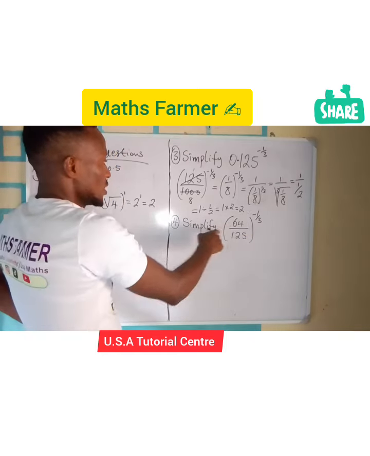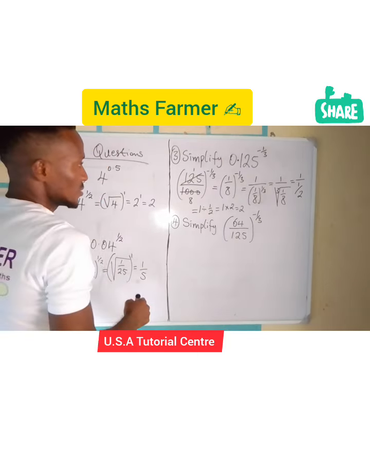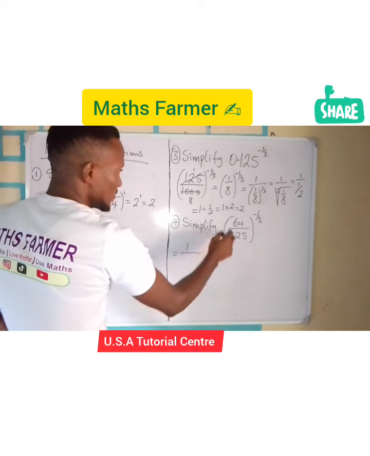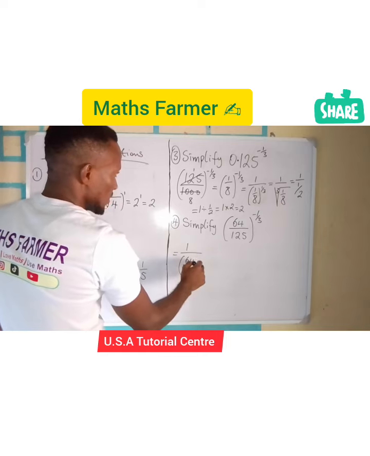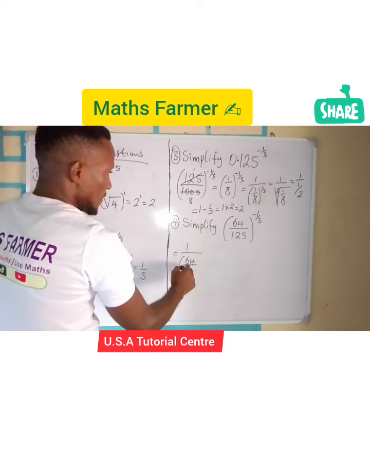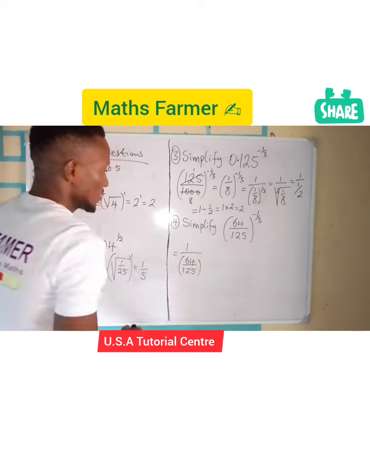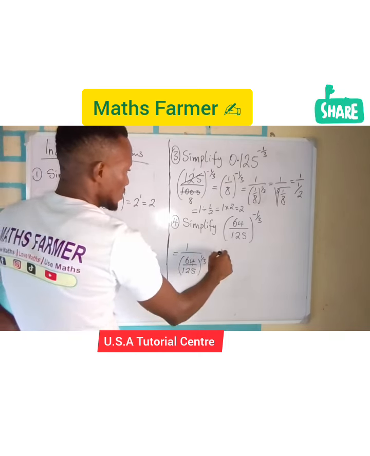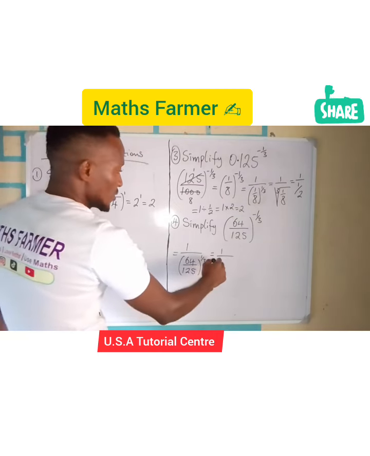Okay, going to the final one, which is the fourth one. Let's simplify this. First of all, we observe the negative here, which means 1 over whatever you have: 1 over 64 over 125, all raised to the power of 1 over 3. Moving again, the denominator of the power becomes the root.